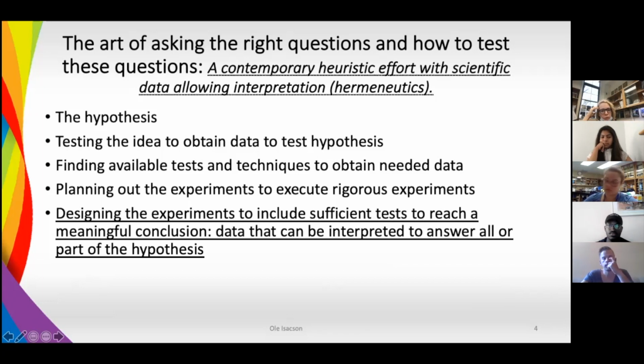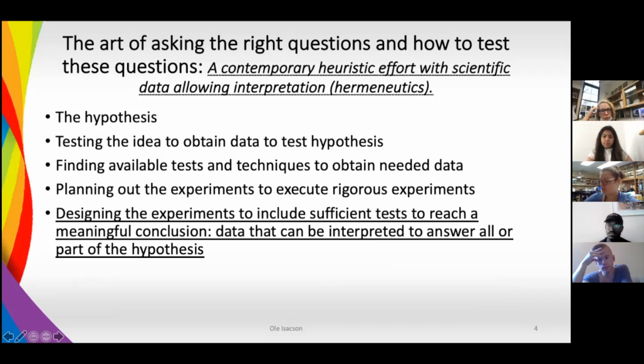The other thing that's very important in experimental design is, of course, to understand that you're planning to execute something called rigorous experiments. It essentially means that your experiments should have outcomes that are really reliable. So whether you understand that or not, the main goal of experiments is to include sufficient data and sufficient tests to reach meaningful conclusions.